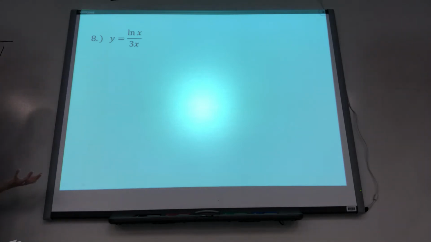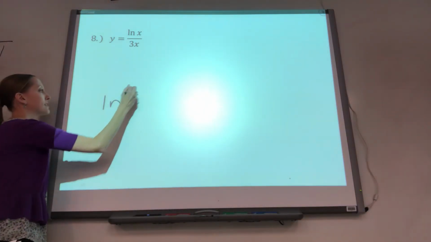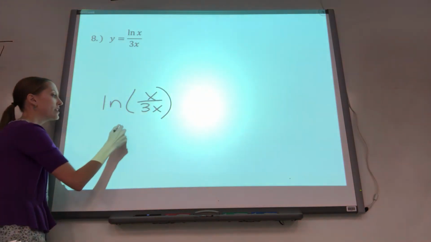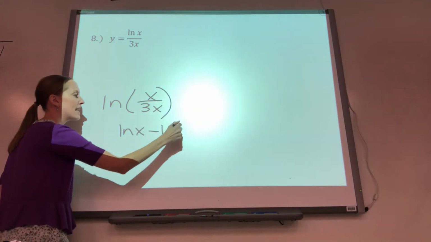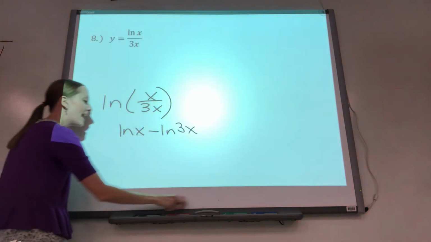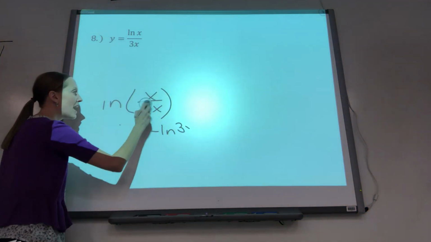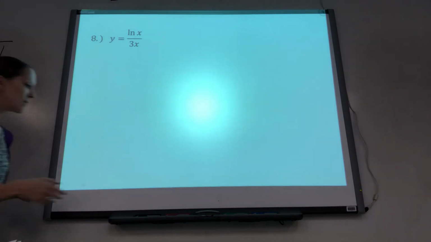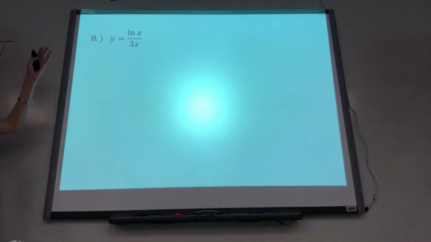So you can't use your quotient property for logs where you separate that out. If it was like this, sure, you can do natural log of x minus natural log of 3x, but again, it's not the entire fraction with the log. So, anybody know what rule we're going to have to use here?